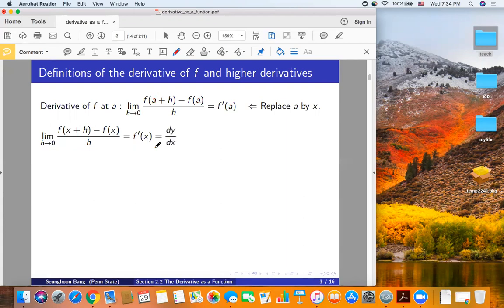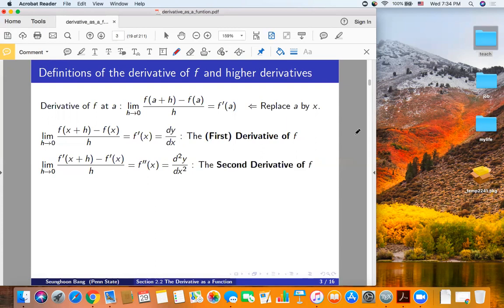So we use another notation, dy over dx. We call this the derivative of f, or the first derivative of f. Another one: the limit of f prime of x plus h minus f prime of x over h. We use f double prime of x, with the notation d squared y over dx squared.